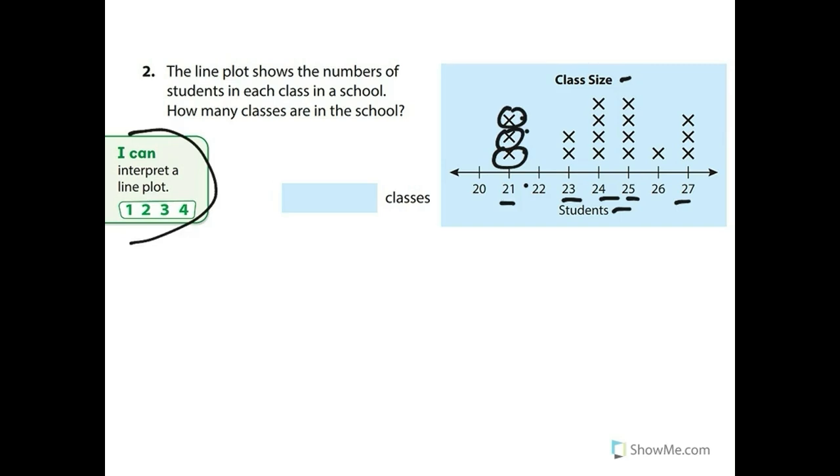So count those up to see how many classes there are, and then we'll go over it. Alright, so 3, 4, 5, 6, 7, 8, 9, 10, 11, 12, 13, 14, 15, 16, 17 classes. 17 classes. Right? So we're looking at the line plot, looking at what it means, and then answering the questions.